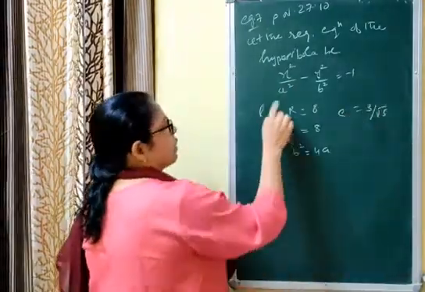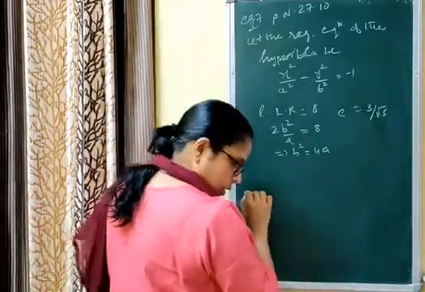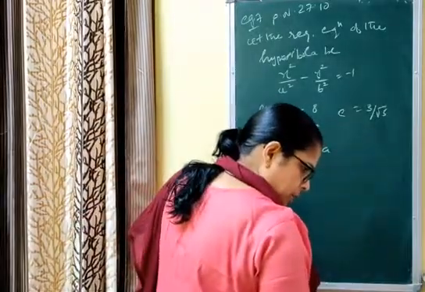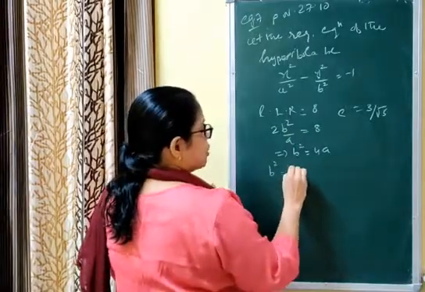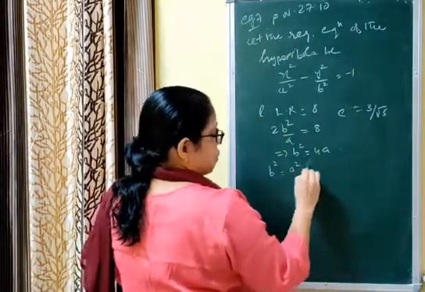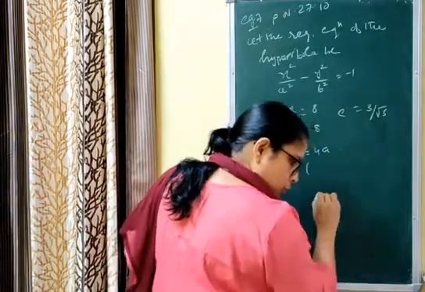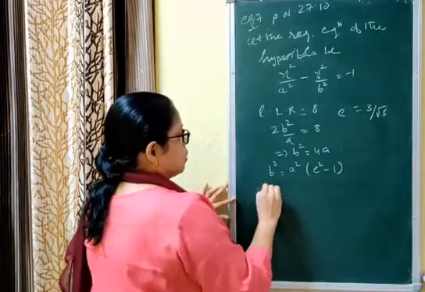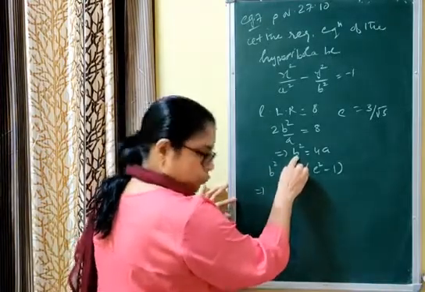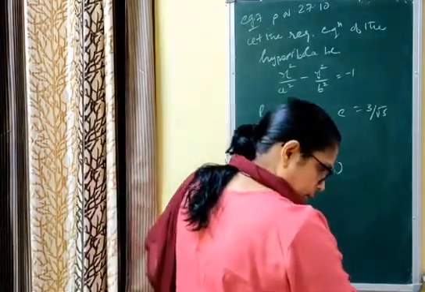Now you know that we are taking the transverse axis as the x axis. The relationship between b square, a square and e square is b square is equal to a square into e square minus 1. That implies b square is equal to 4a, which you already have.